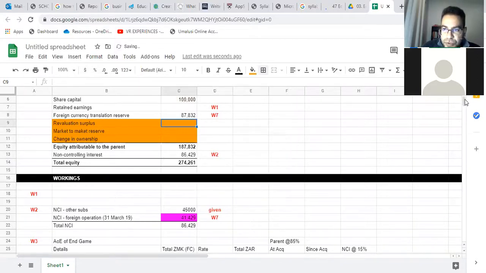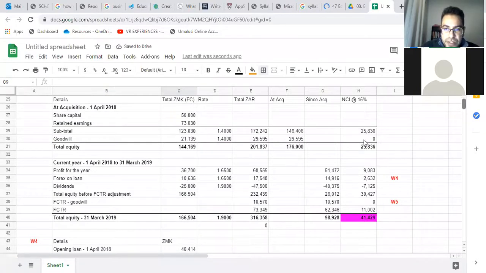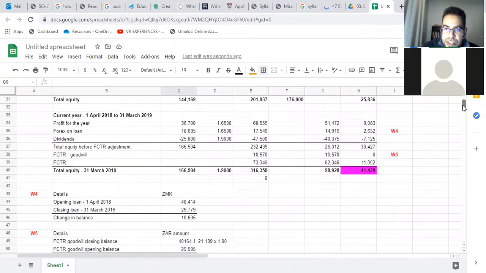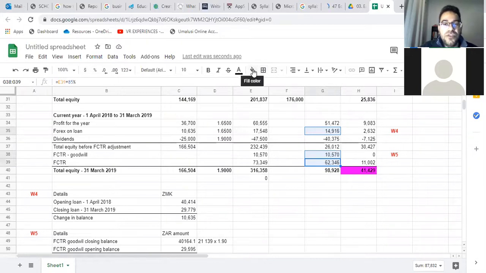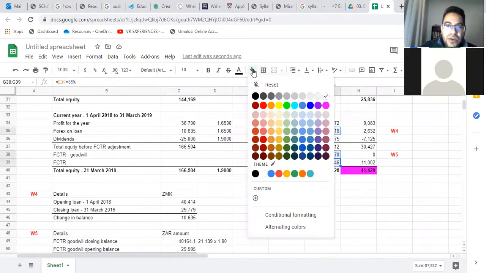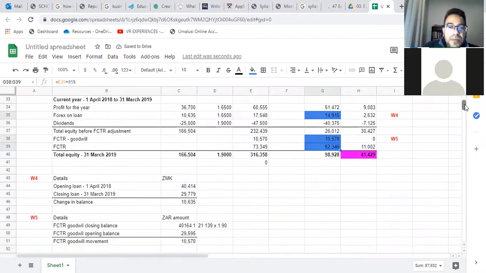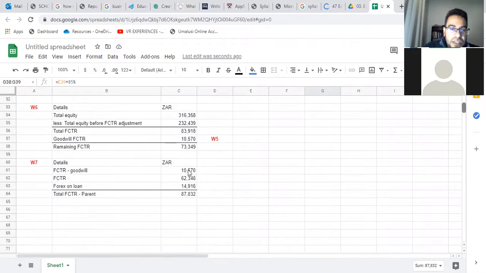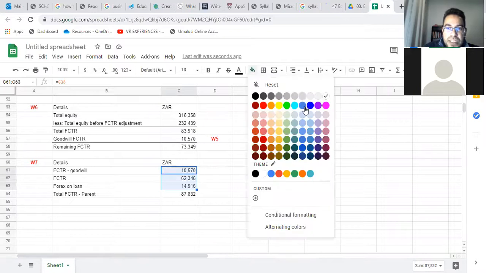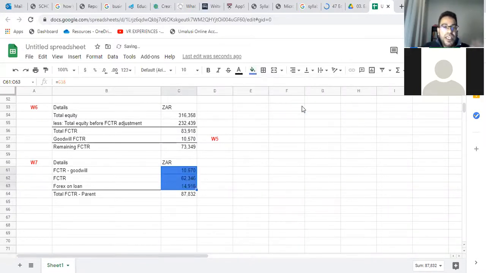Okay, so I just want to highlight some stuff over here so you can see where we got the numbers. So take note, the reason why we're bringing the loan in is because the loan is considered to be part of the investment. Why is the loan considered to be part of the investment? Because there's no repayment date. So from an accounting perspective, we're saying in substance, it is part of the investment, even though the legal form is a loan.